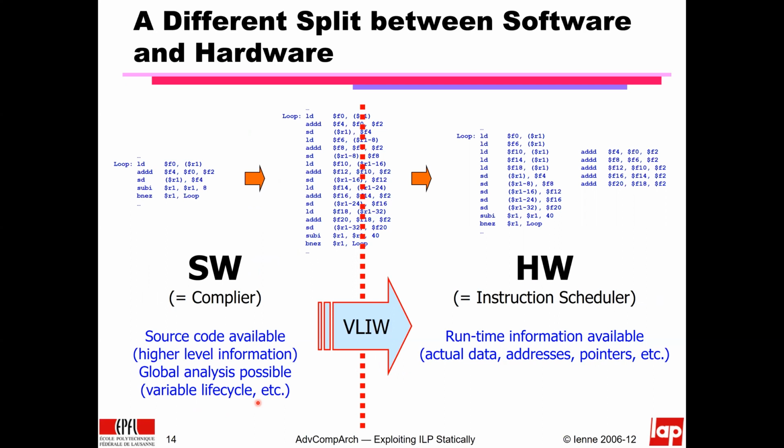So if you ask me some important questions about how the order should be done, what are the properties of the code, I see the complete code, right? I have a global view of the piece of code, whereas my instruction scheduling in hardware has an incredibly narrow view, right?